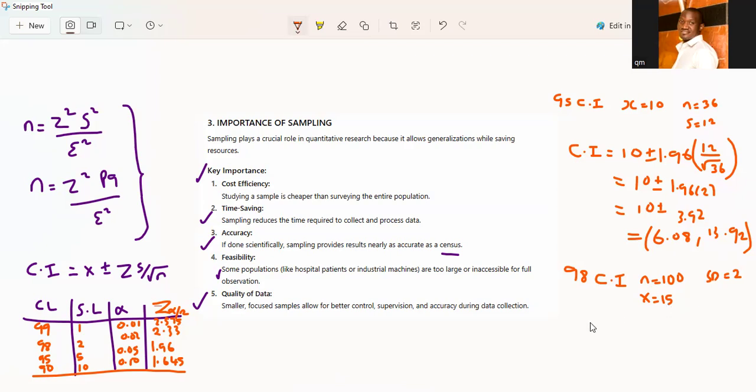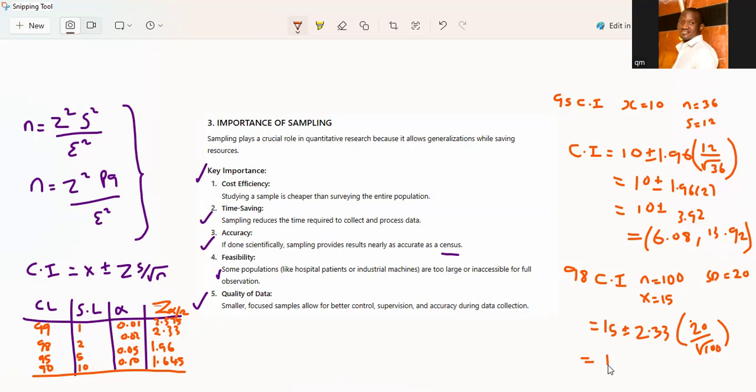Using that, our mean is 15. Our Z at 98% is 2.33. And our standard deviation is 20 over square root of n. Our n is 100, so for the standard error, the square root of 100 is 10, and 20 over 10 is 2.